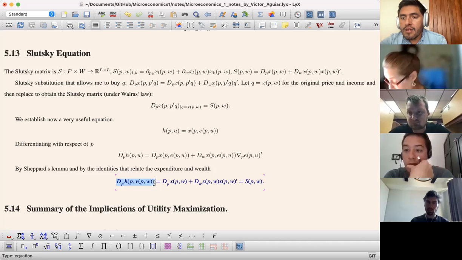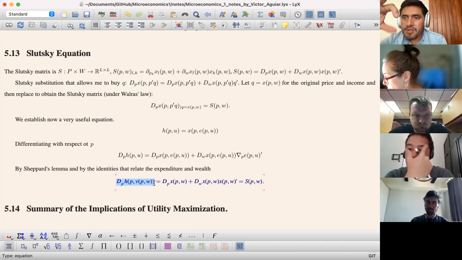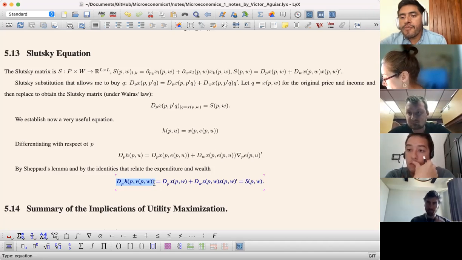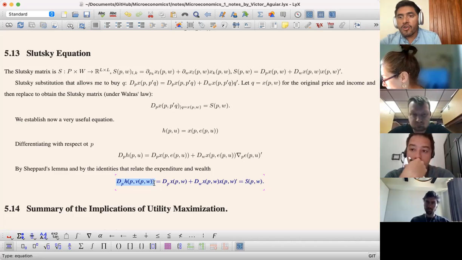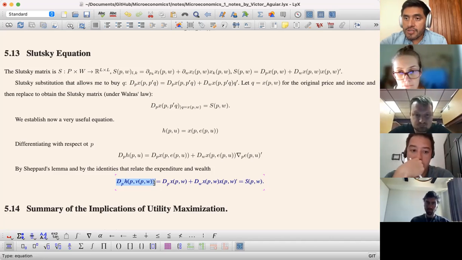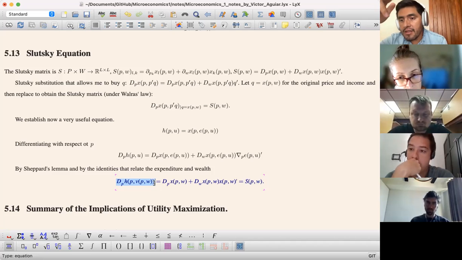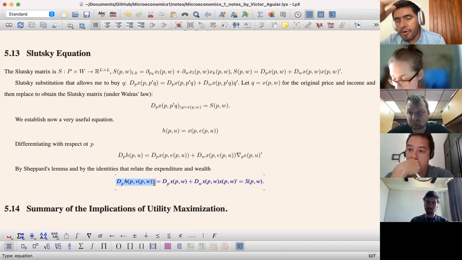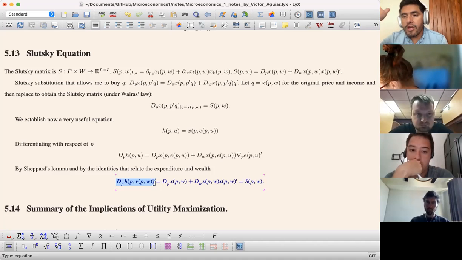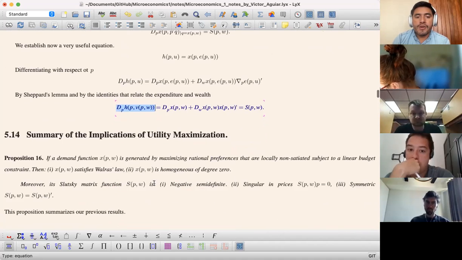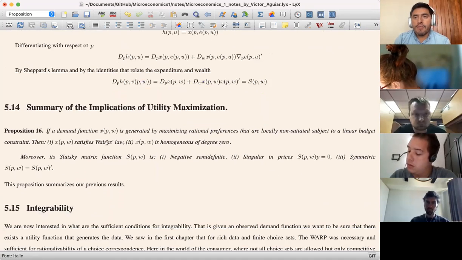In fact, the difference is really what object you are looking at. If you're looking at the derivatives, the Slutsky matrix, the implications of rationality are that the Slutsky matrix is symmetric, negative semi-definite, and has this homogeneity of degree zero property with the prices, which we are going to call from now on homogeneity of degree zero. And this is in fact what Proposition 16 is telling me.